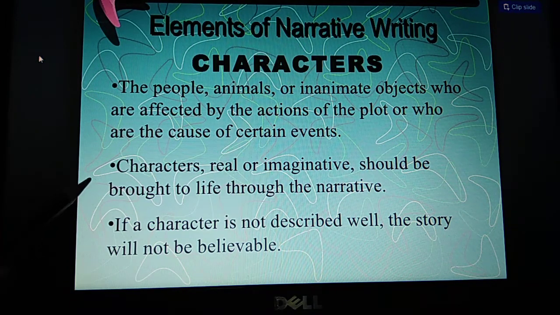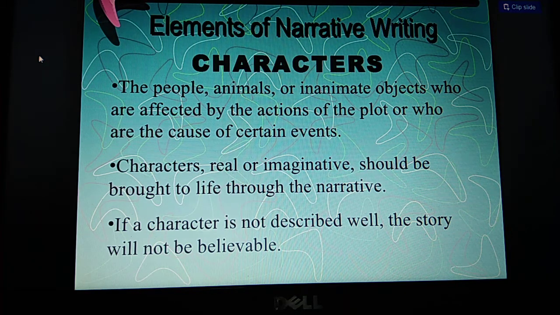You can be told to write a story where a deer plays an important role. Okay, sometimes even a dialogue is given and you have to somehow use that dialogue in your story effectively. Okay, characters, are they real or are they imaginative?